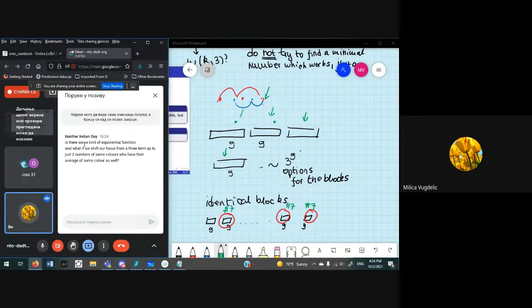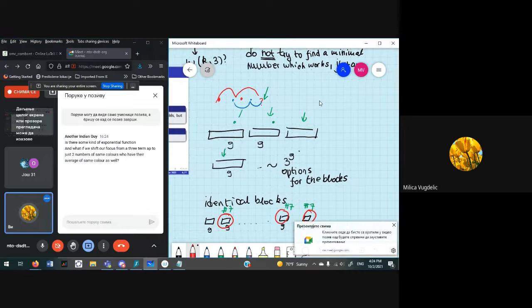Yeah, I'm just reading this idea. The thing is that you focus on two pairs of numbers which have the same middle color missing. So am I right? So you're focusing.